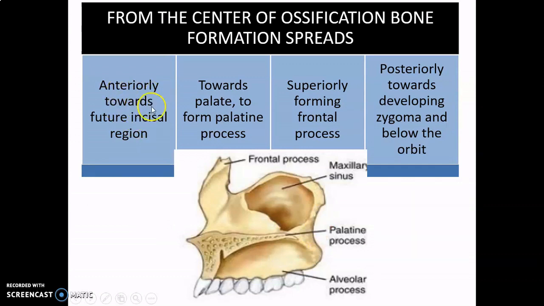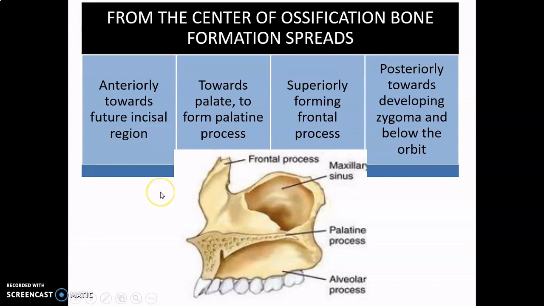It spreads anteriorly towards the future incisal region, as you can appreciate here, and towards the palate also it spreads, forming the palatine process of maxilla. It spreads superiorly to form the frontal process of maxilla and posteriorly towards the developing zygoma, and below the orbital region also it spreads.